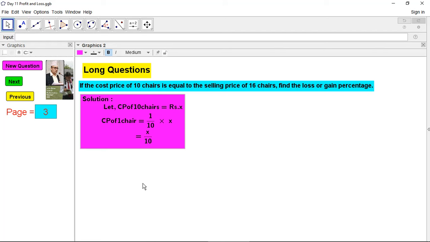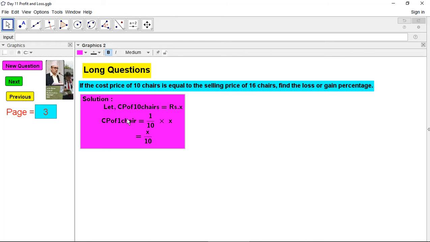Now, first of all, I have supposed the cost price of 10 chairs equal to x, because the amount is not given here, so I have supposed a variable which equals x. Cost price of total chairs, that means 10 chairs, is x.